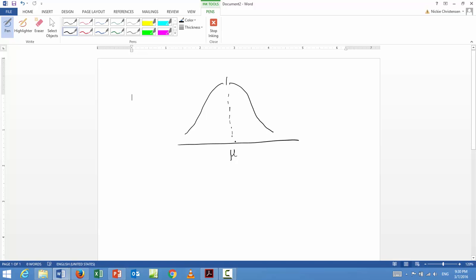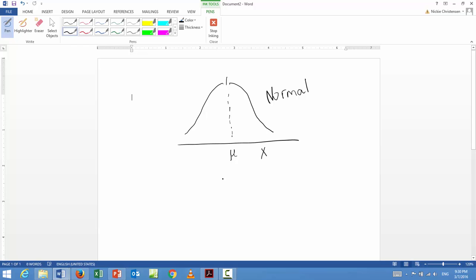The fatness is determined by the standard deviation. And because the curve is symmetrical, 50% of the area is on this side and 50% is on this side. So if this is a normal distribution, then we call the values on the axis x values.